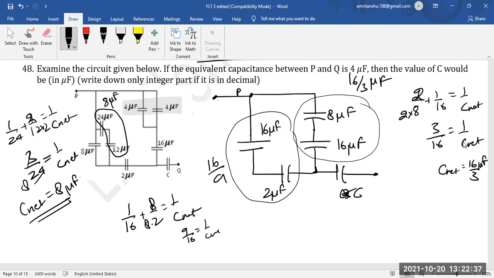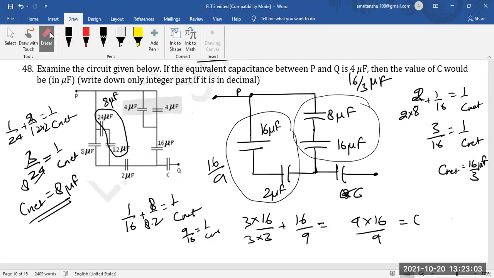Now since the equivalent is given as 4, we just need to calculate the equivalent. So 16 by 3 plus 16 by 9 is how much? Into 3, this is 4 into 16 by 9. I'm sorry, it's not C net, it's just some C dash.